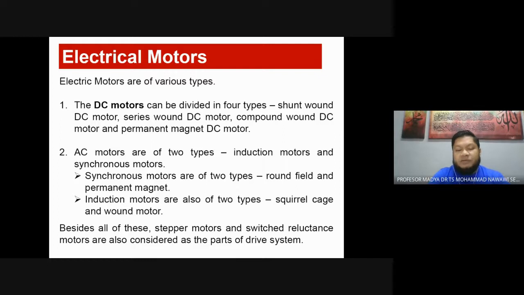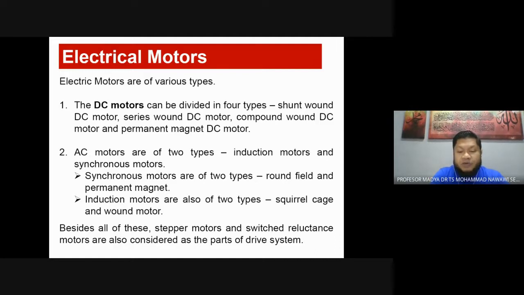When we talk about an induction motor, there's always a slip, which is the difference between the rotor speed and the speed of the rotating magnetic field. Normally the speed of the motor is slightly below the synchronous speed, the speed of the rotating magnetic field.